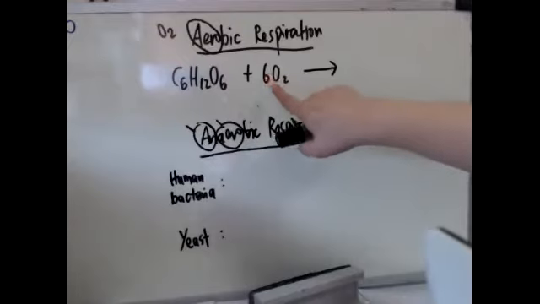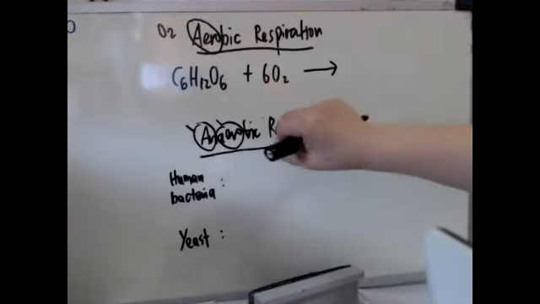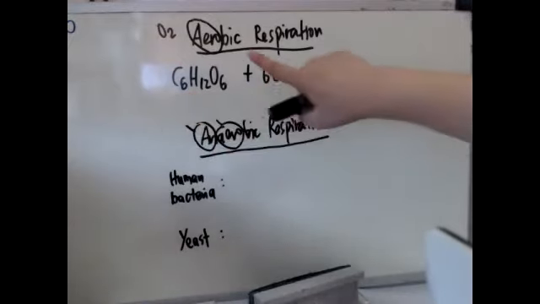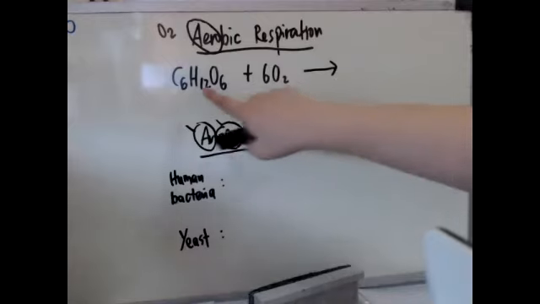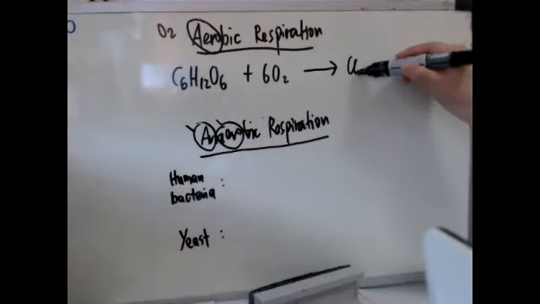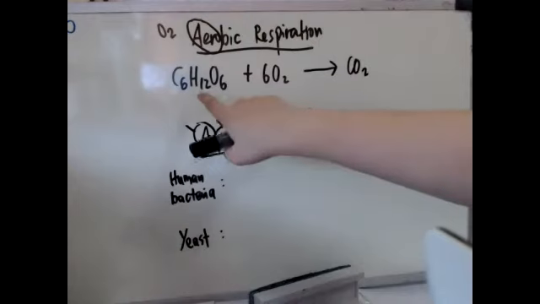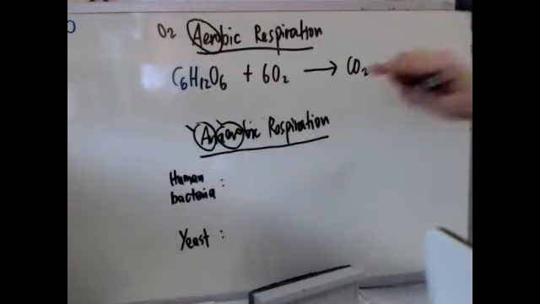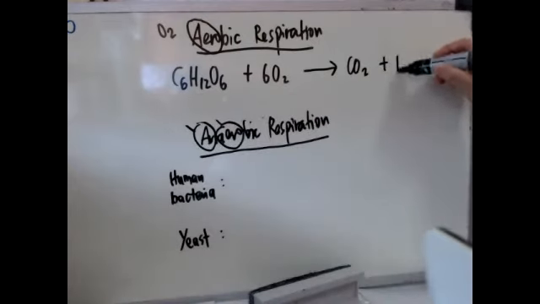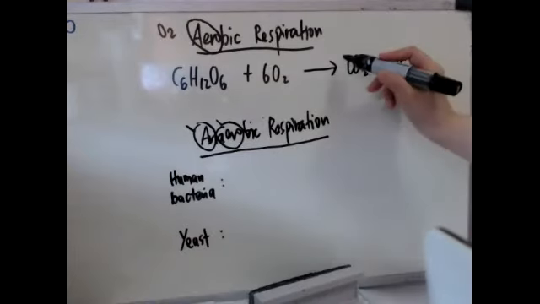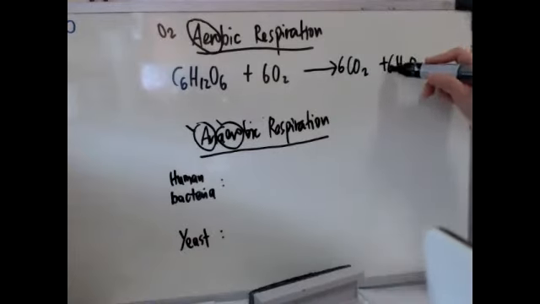So when you oxidize it, you imagine carbon combined with oxygen, you get carbon dioxide. You imagine hydrogen combined with oxygen, you get water. Okay, you balance it, 6, 6, and then this will give you a large amount of energy.